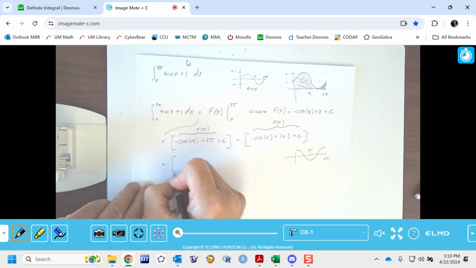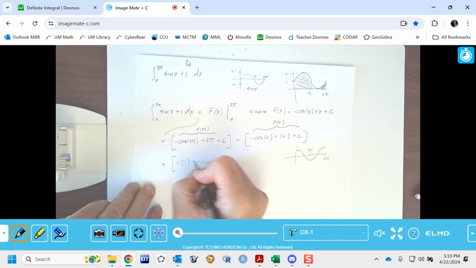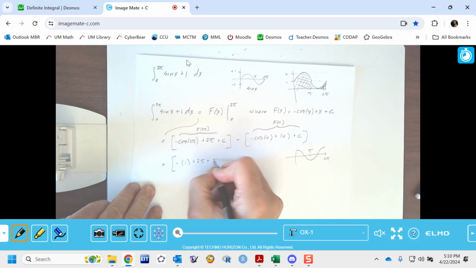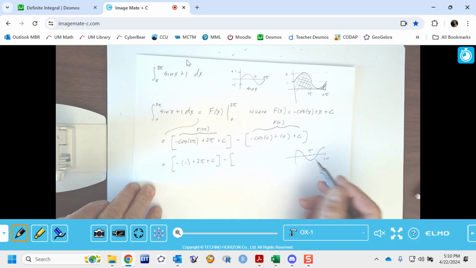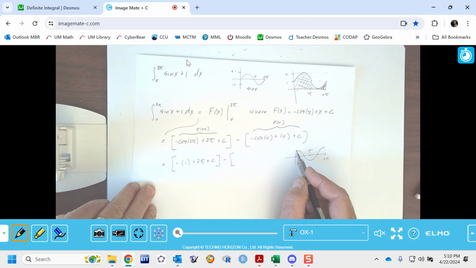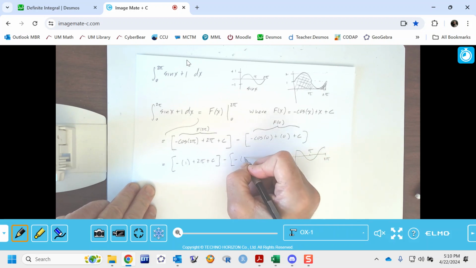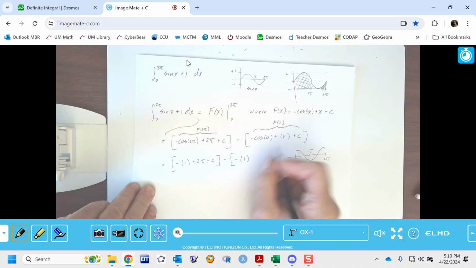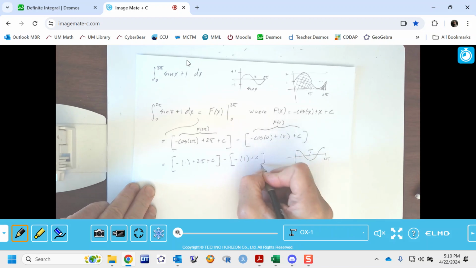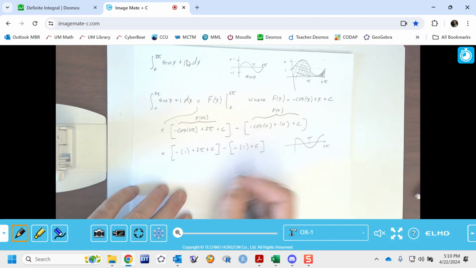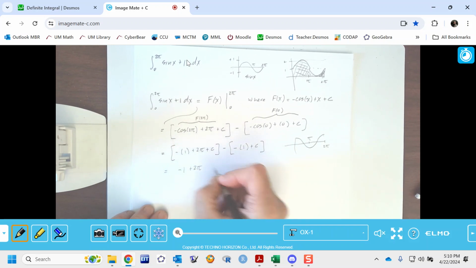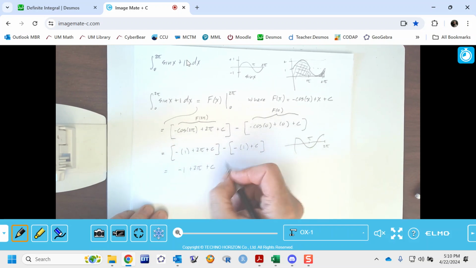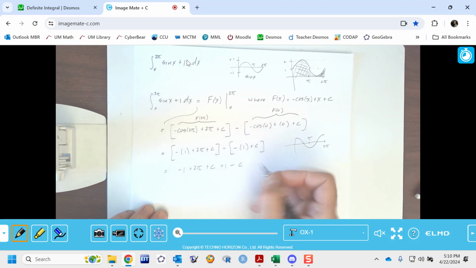So we'd have the opposite of 1 plus 2 pi plus constant, minus the opposite of the cosine of 0. Cosine of 0 is 1, so I would take the opposite of 1 plus constant. So let's just see how this works out. For the first one, I get negative 1 plus 2 pi plus constant. For the second one, I get plus 1 minus constant.